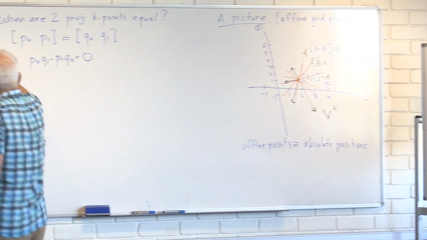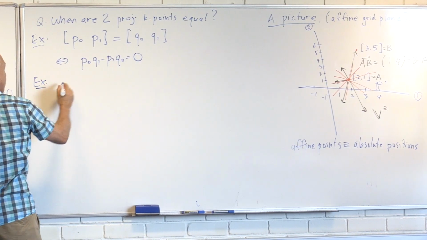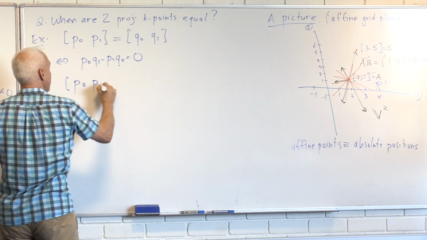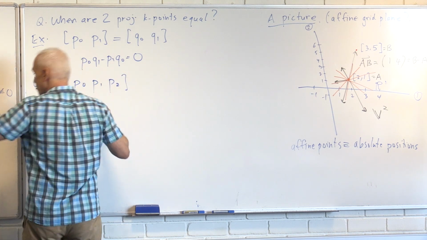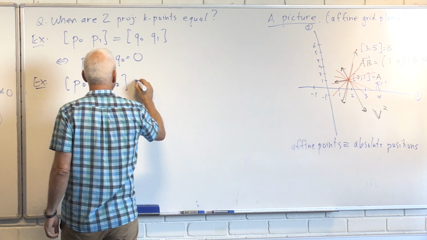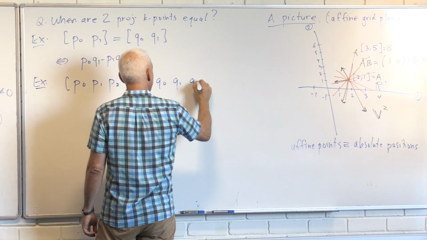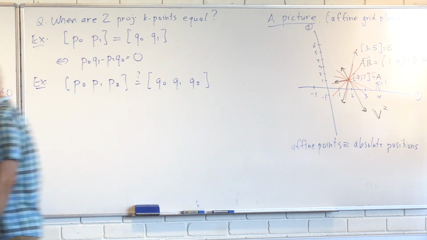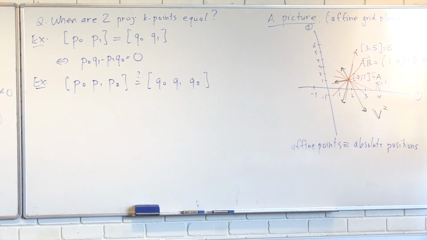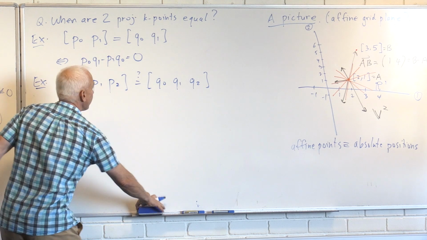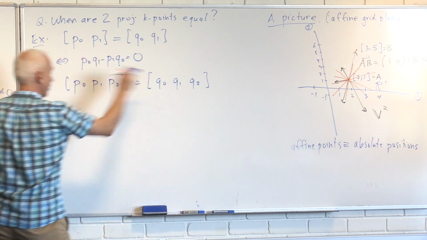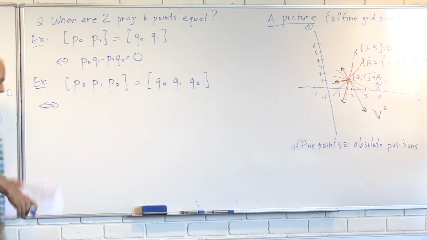It gets more interesting when we up the dimension. Suppose we have two projective 2 points, P0, P1, P2, and we ask when is that equal to Q0, Q1, and Q2. They are going to be equal precisely when we actually need 3 conditions.